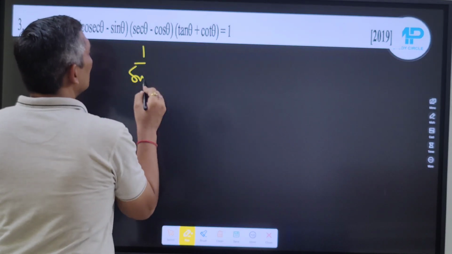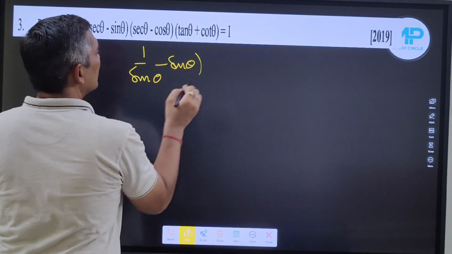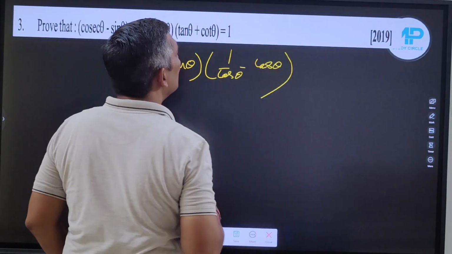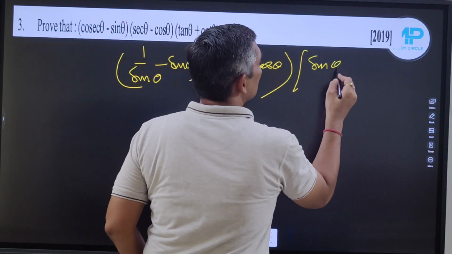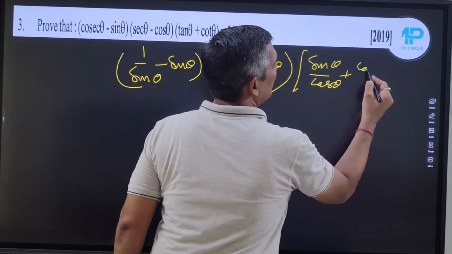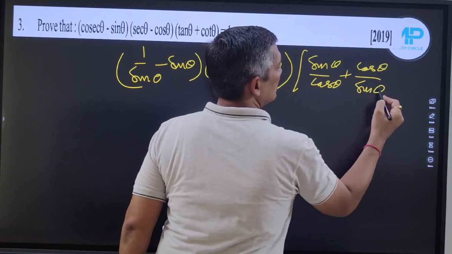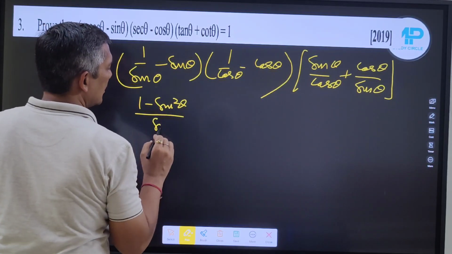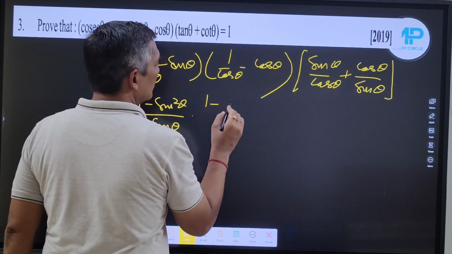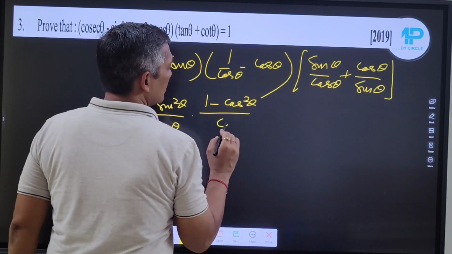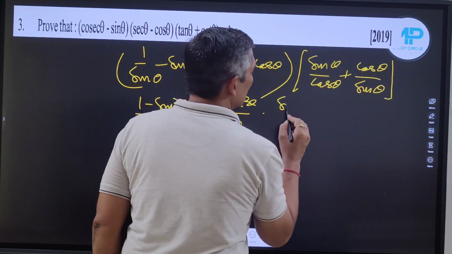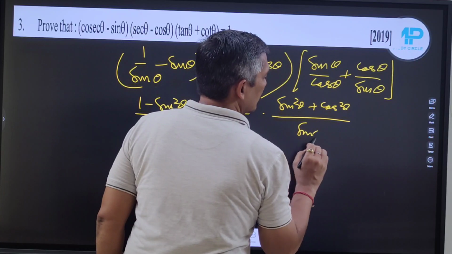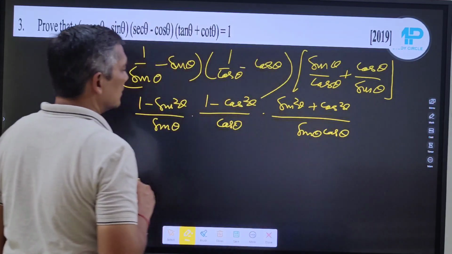So I write down 1 upon sine minus sine theta, 1 upon cos minus cos theta, and here sine upon cos plus cos upon sine. 1 minus sine square theta upon sine theta, 1 minus cos square theta upon cos theta, sine square theta plus cos square theta into sine theta cos theta.